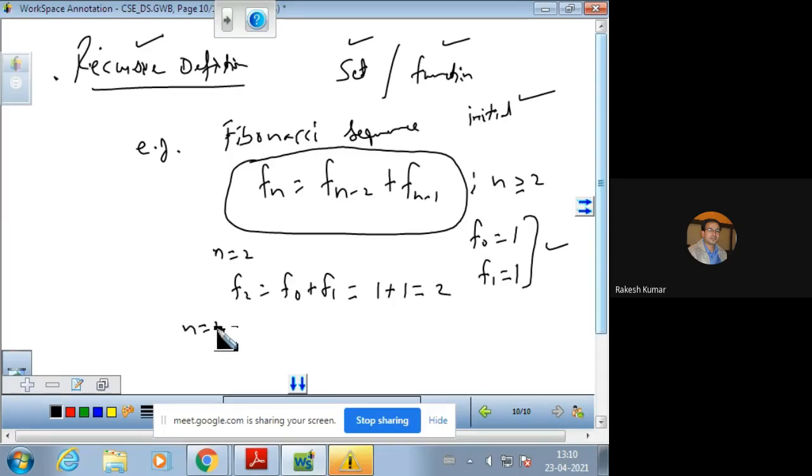When you put n equal to 3 here, you will be able to find F3, and that will be F1 plus F2. We have F1 as 1 and F2 as 2, so this comes out to be 3. Now similarly, if we repeat this in the same way, you will be able to find the elements of the Fibonacci sequence.